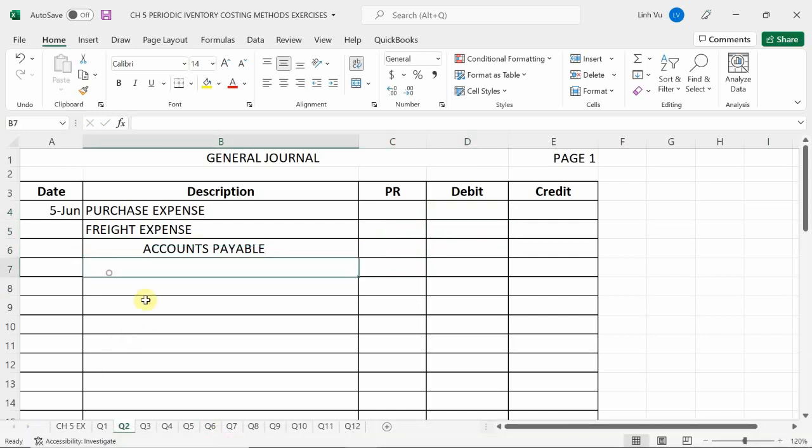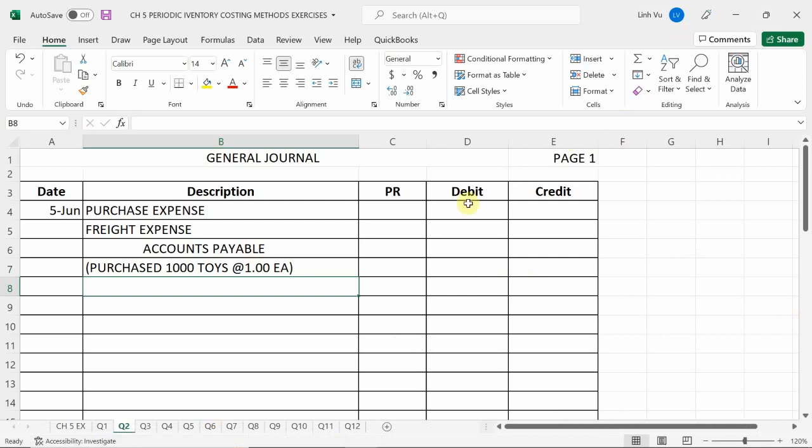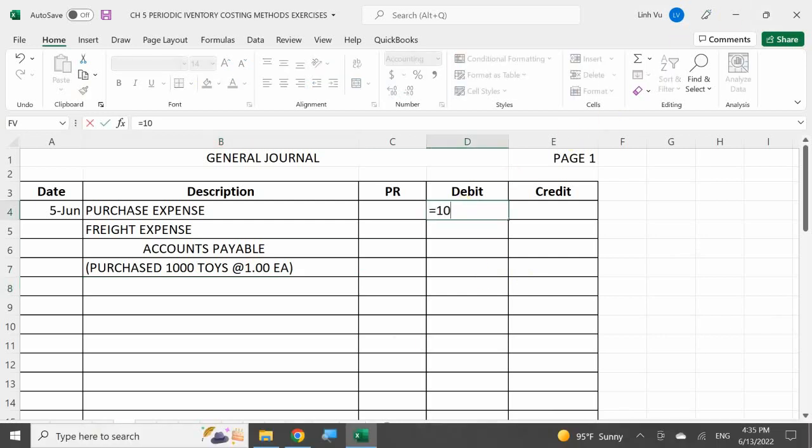So we purchase, and in my description I can write that I purchased 1,000 toys at $1 each, which gives you $1,000. And my freight expense was $50.